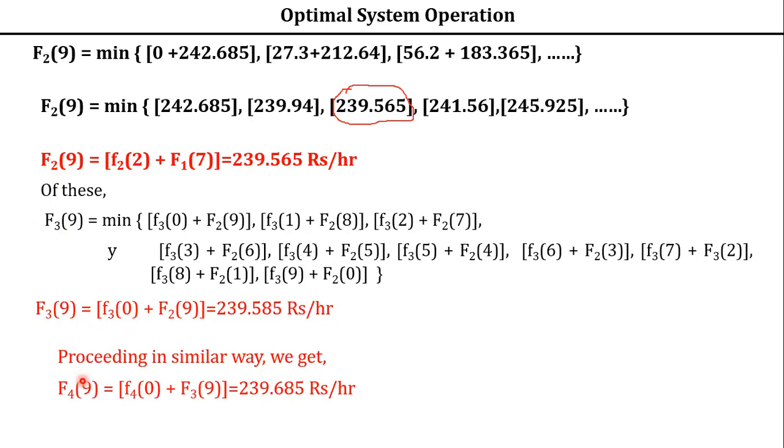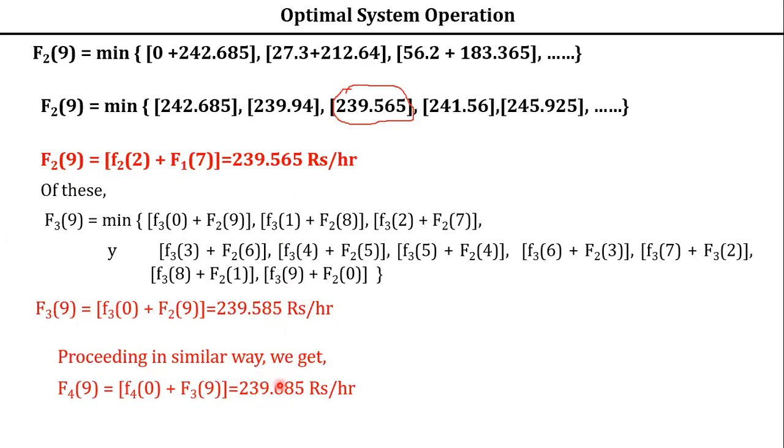Clear? Okay, fine. Among these four, F1, F2, F3, F4 of 9, the load is the same, 9 megawatt. Which has got the minimum among these? F1 of 9 is 242 something you got, isn't it? F2 of 9 is 239.565. F3 is 239.585, slightly more than this, and 239.685, slightly more than this.